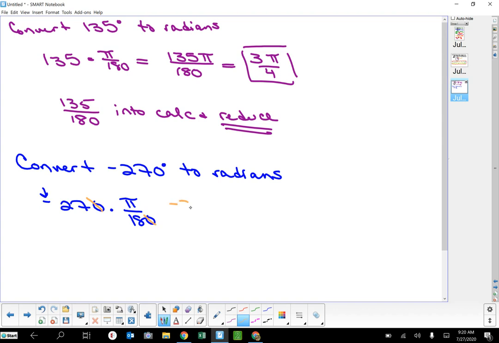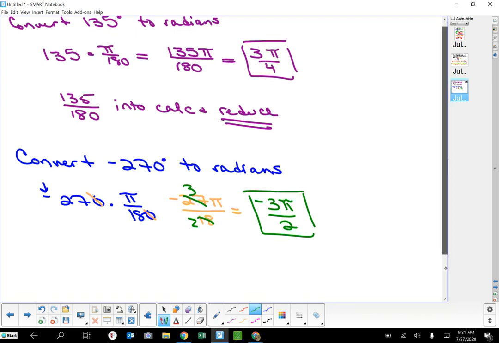So this gives me a negative 27 pi over 18. 9 goes into 27 and 18, 3 and 2. So this is negative 3 pi over 2. I also highly recommend that you get good at reducing things and cross-canceling, not cross-multiplying, cross-canceling. It comes in very handy as you move up the levels in math.